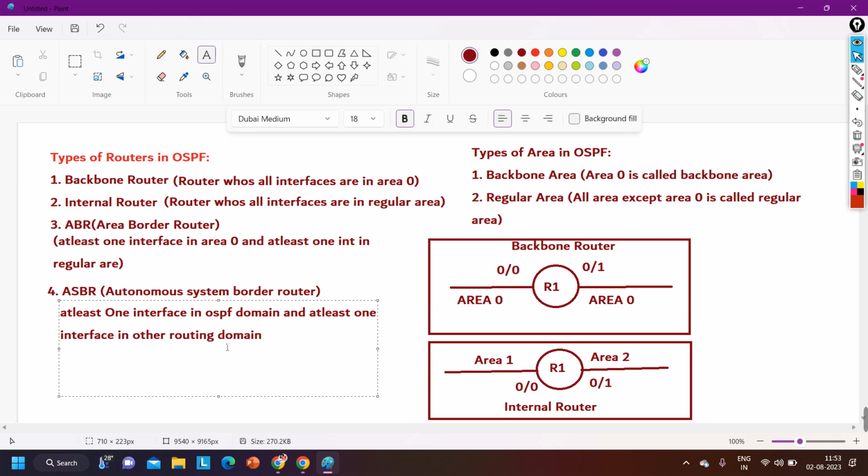Getting my point? What I'm saying? At least one interface belongs to OSPF domain and one interface belongs to any other domain.